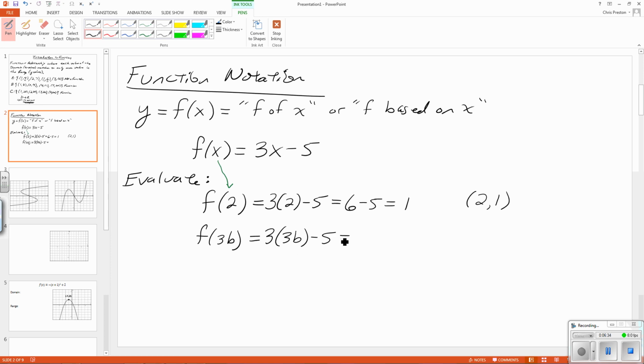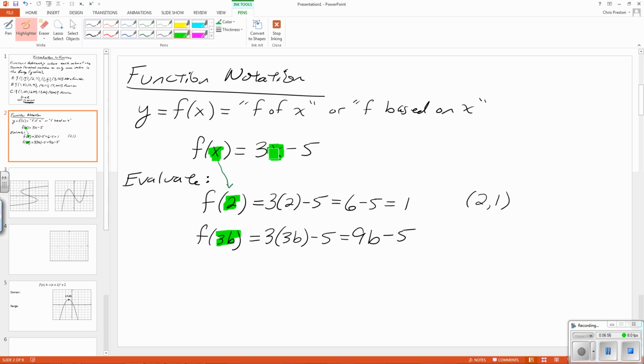And then I'm going to simplify that. So 3 times 3b, so 9b minus 5. And I get a brand new function that instead of being based on x, is based on this b variable, whatever that is. So whatever's in this little parenthesis here, that's what you replace x with.